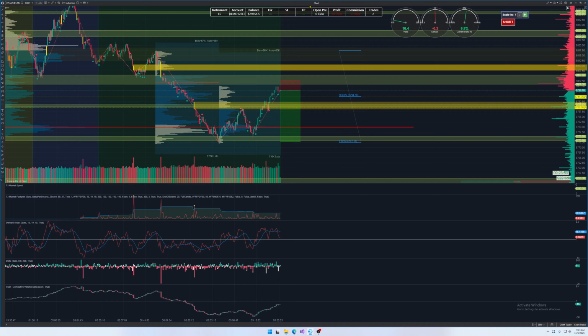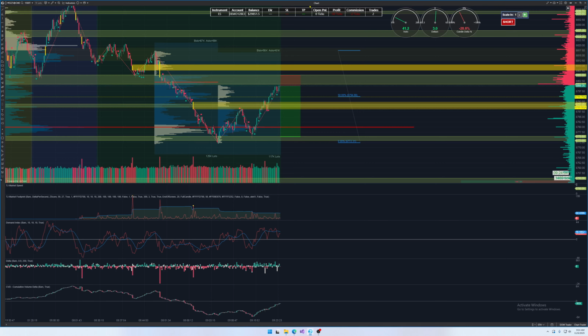Looks like the market has problems to go up there. Seems to be absorbing. Now buyers are coming in massively. Let's see what it does.